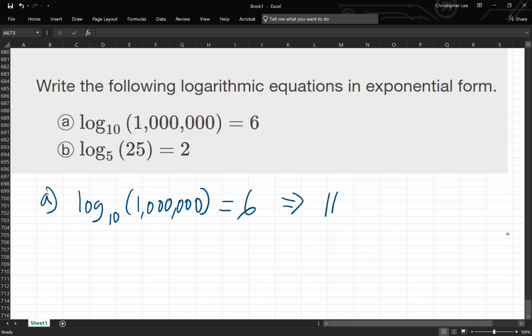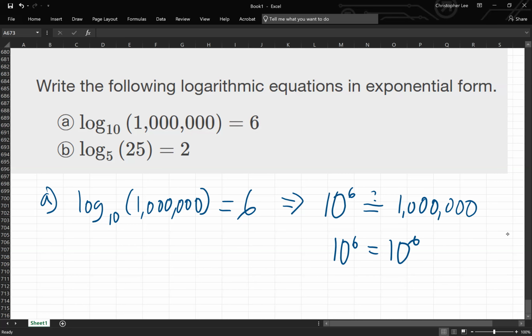So this is 10 raised to the 6th power. Does that equal 1 million? Right? And that's it. Yeah, they're both equal. And that's it.